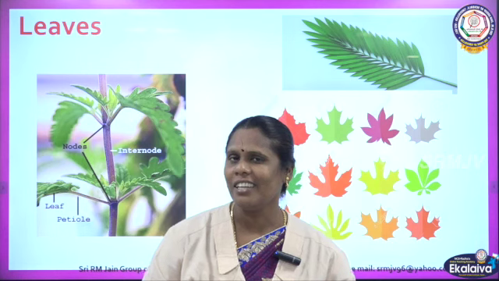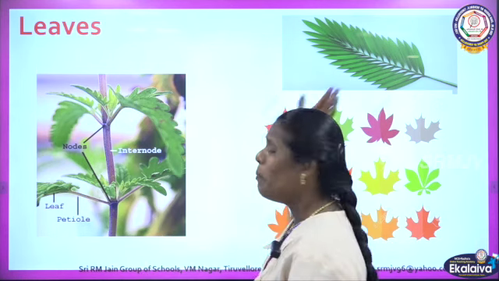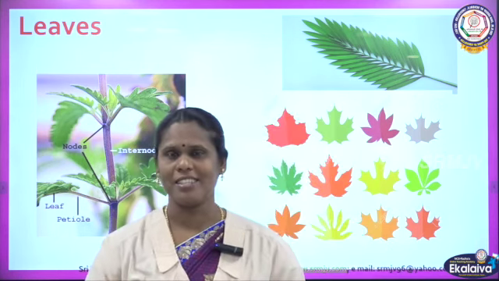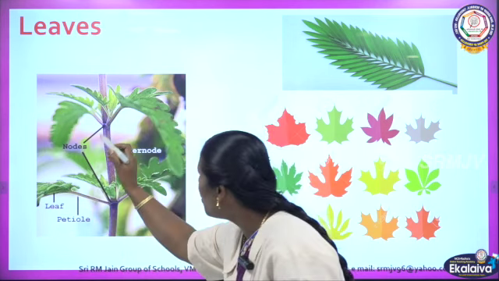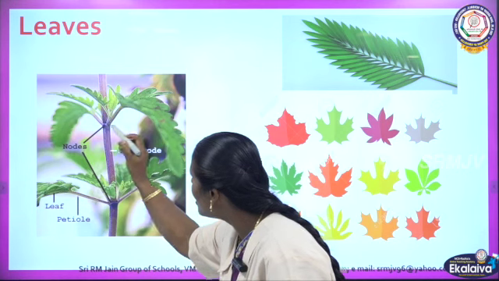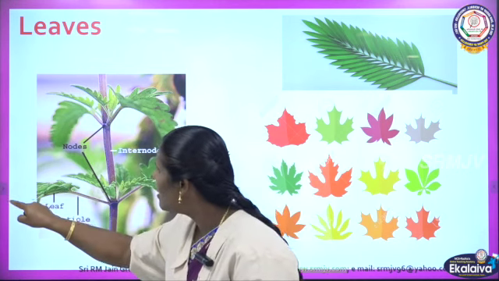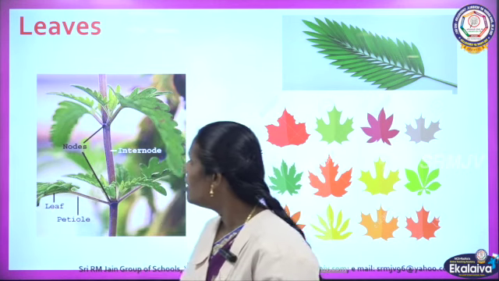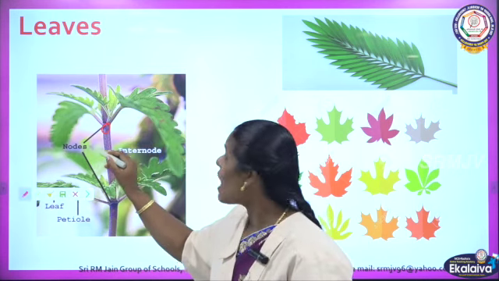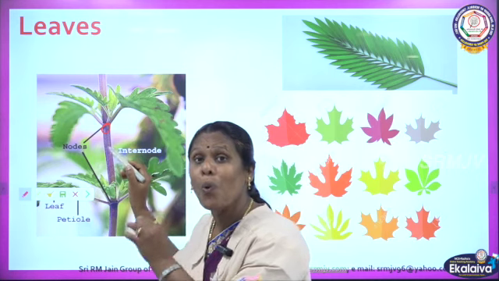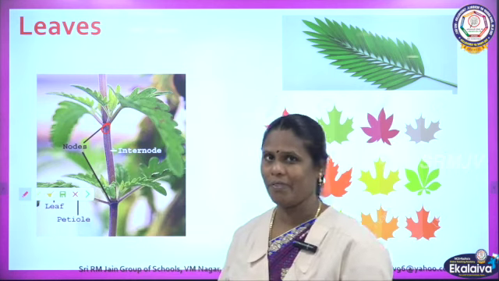See children, leaves are the main sites of photosynthesis. Leaves arise from the node. See here, this is a node. Leaves arise from the nodes of the stem.